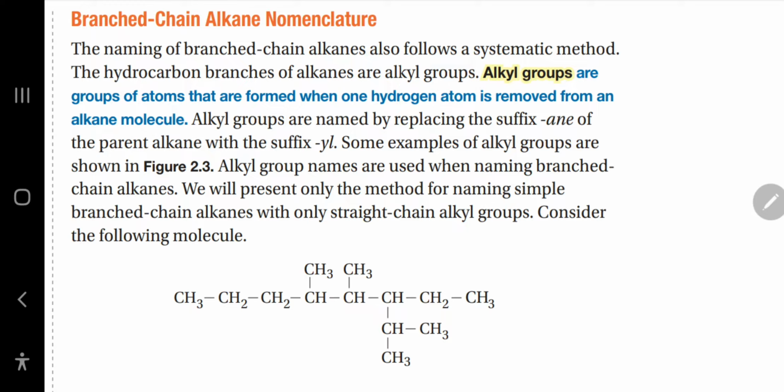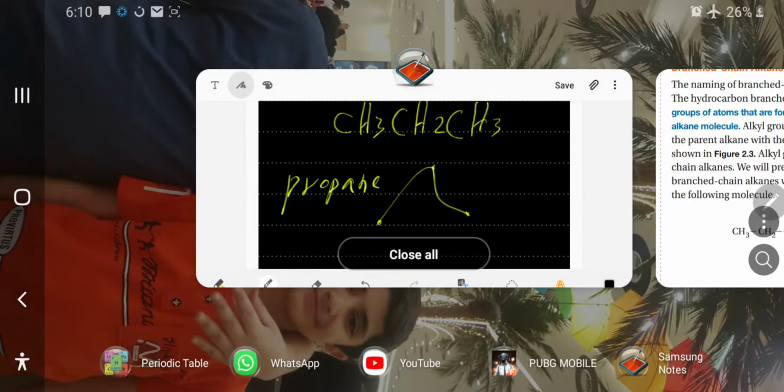We have the alkyl group, and alkyl groups are groups of atoms that are formed when one hydrogen atom is removed from an alkane molecule. What do we mean by that? For example, if we have CH4, this is methane.